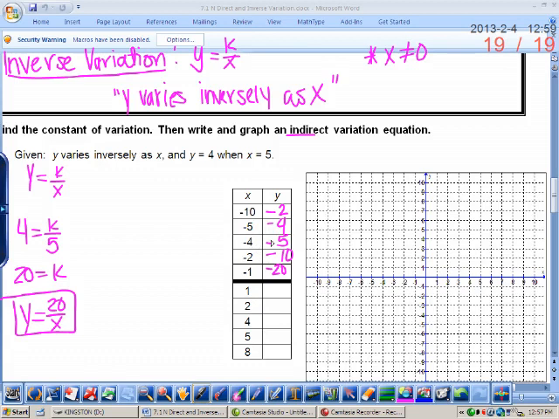Yeah, x can't equal 0, so your function is not defined at x equals 0. So when we plug in 1, what do we get? When we plug in 2, 4, 5, and let's replace this 8 with 10. All right, so let's plot these points, and I'll show you how to connect the curves.